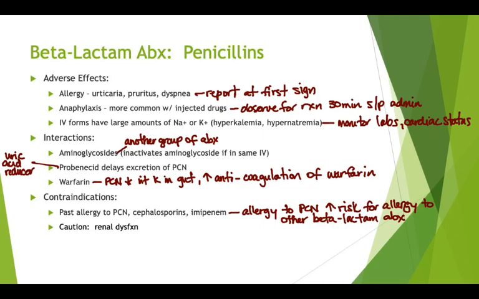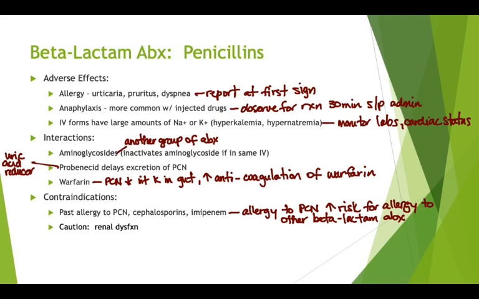What can happen if their potassium is off? They could get dysrhythmias, right? Interactions that we see, aminoglycosides. Aminoglycosides are another group of antibiotics. And we can have an interaction when penicillins and aminoglycosides are given together.